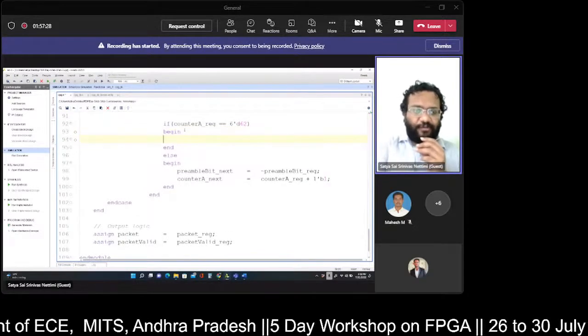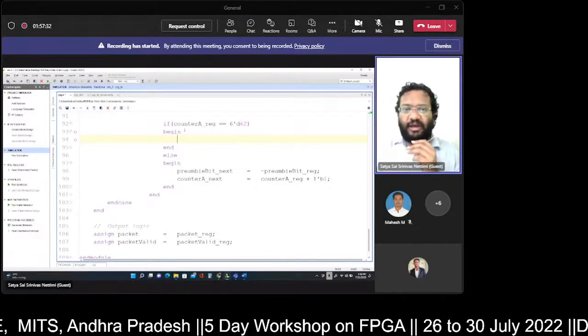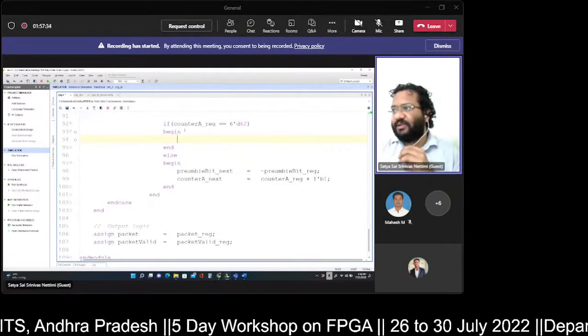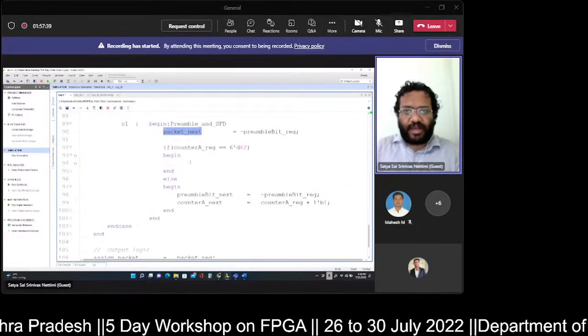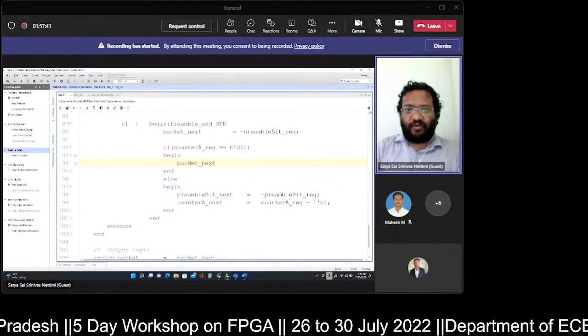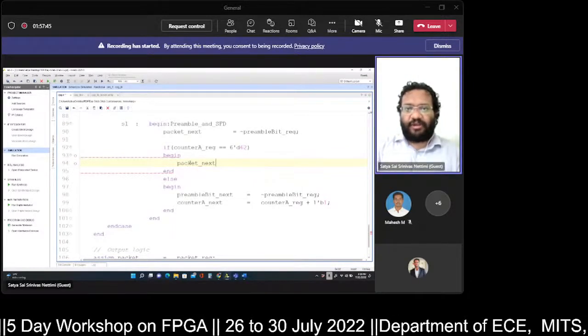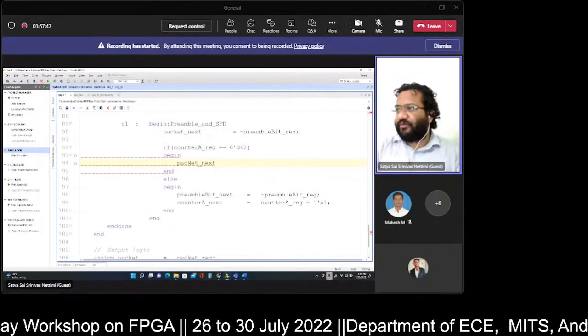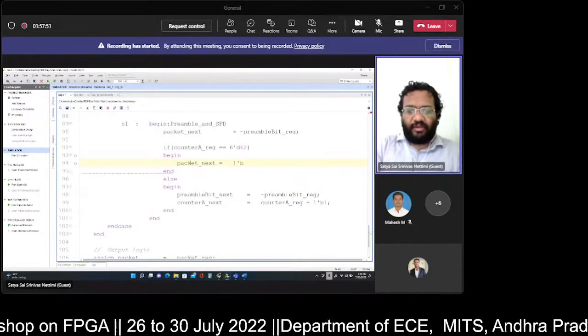Now the 64th bit should not be an alternate sequence, it should be a binary one. So for the 64th bit, to the packet output, we have to send a 1-bit output. So this is 1 tick B1.